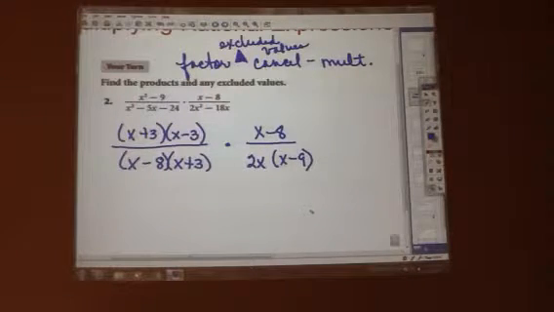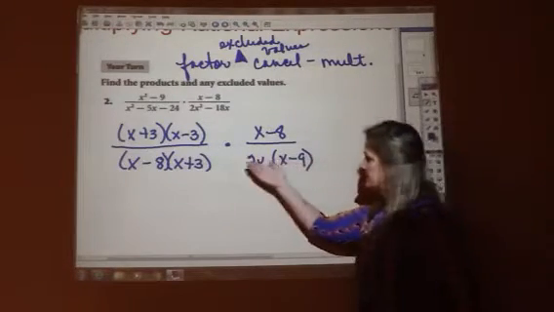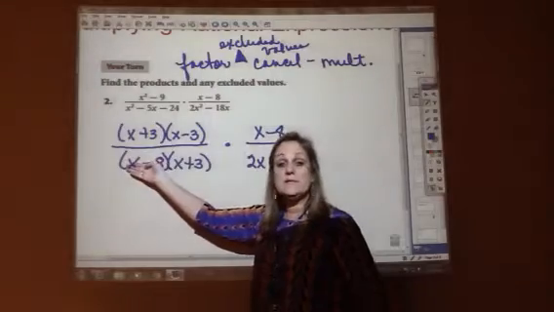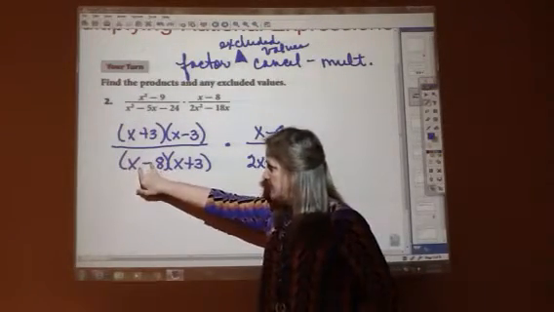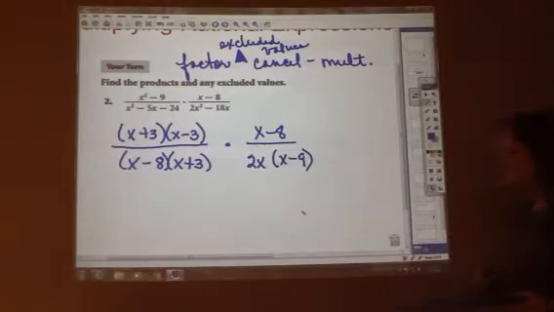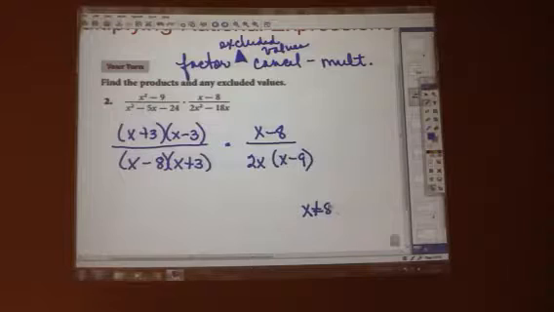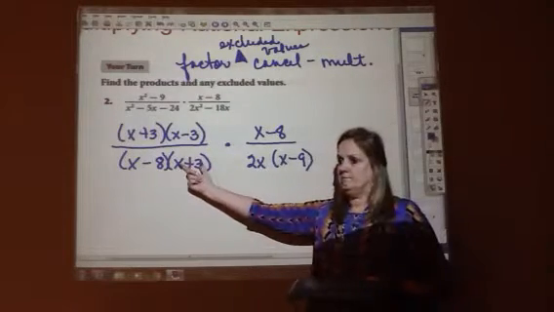Factor, then find the excluded values. I'm going to look at my denominators, and I'm going to set each one equal to 0 and get my excluded values. If I set that equal to 0, what's one of my excluded values? 8. X does not equal 8. What about this one?